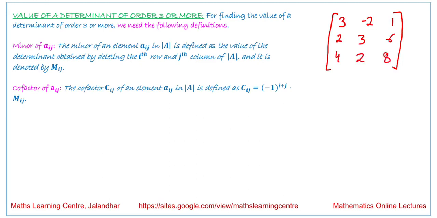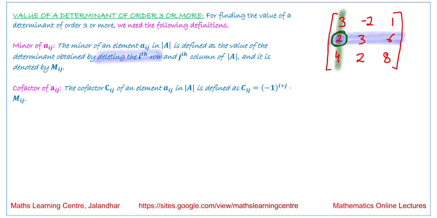When I am talking about the minor corresponding to any element, suppose this element 2, then what I have to do is delete the ith row, meaning the row in which this element is there, we are not considering this row, and delete the jth column, which here means the first column.